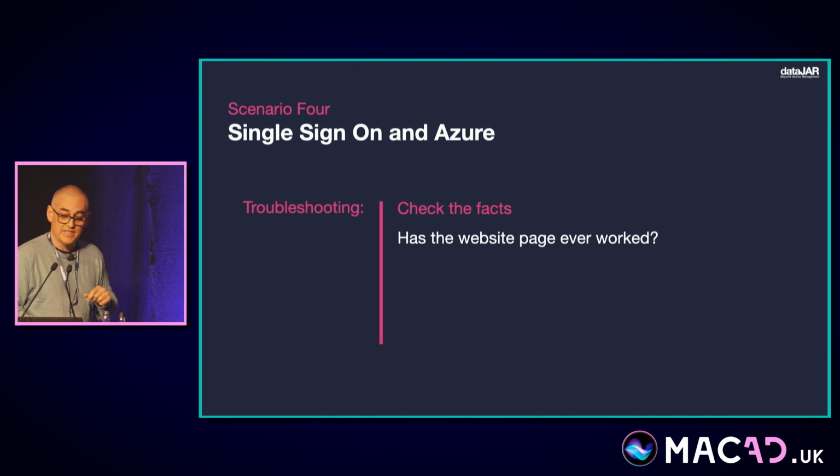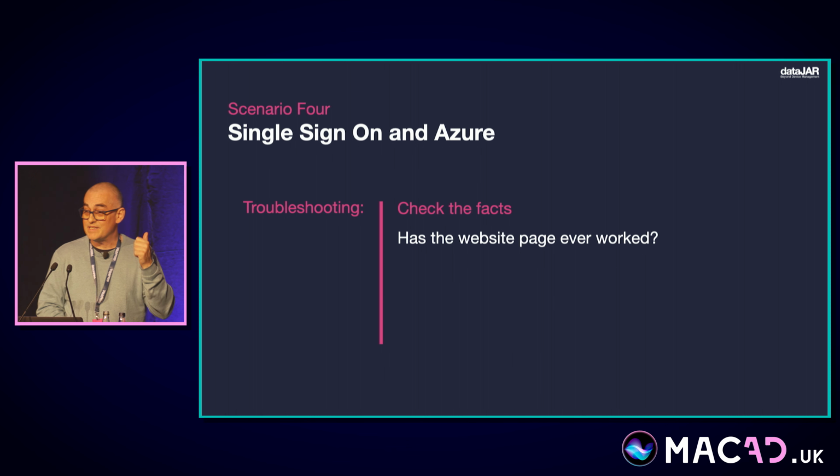So, lessons learned for this one was, has the page ever worked? Obvious question, but it was one of the things that no one ever asked on this particular problem. And when we did find out that it never worked, it was a very, very simple thing to fix.